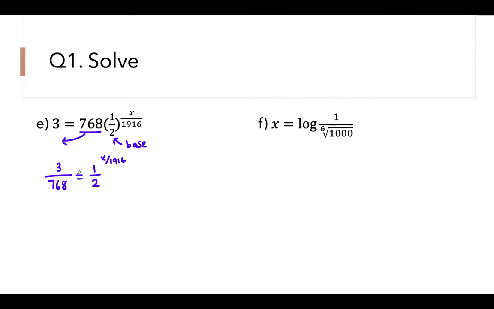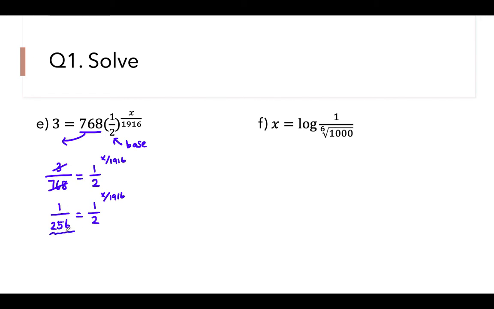1916. So I could simplify this. So it becomes 1 over 256 equals 1 over 2 x to the 1916. Okay, now I can change 256 as a base of 2.